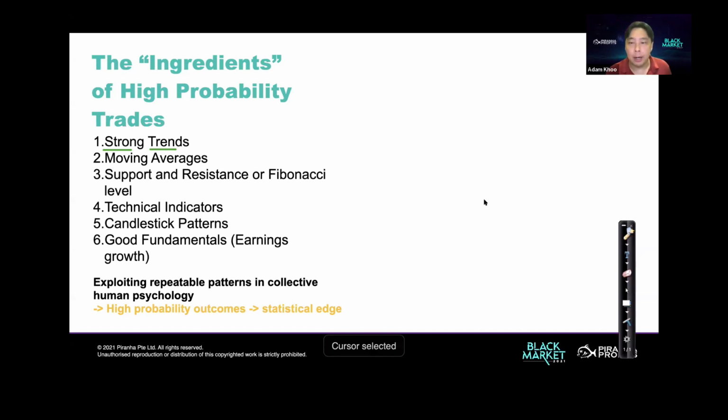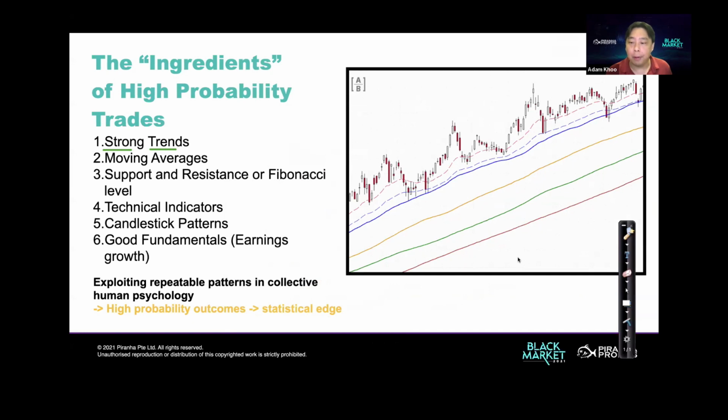So, example, ta-da! This is an example of a stock in a strong uptrend. How do you know it's a strong uptrend? One method I use is moving averages to identify the trend. You see these colorful lines?